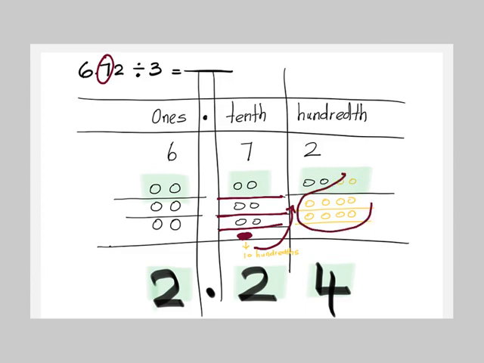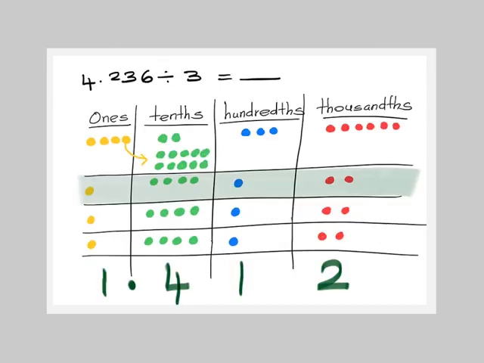That is how we get all these yellow circles, because I'm bringing this 1 tenth, which becomes 10 hundredths when it jumps to the next column. Now I'm sharing those 10 hundredths with all 3 people. So it becomes 2.24.